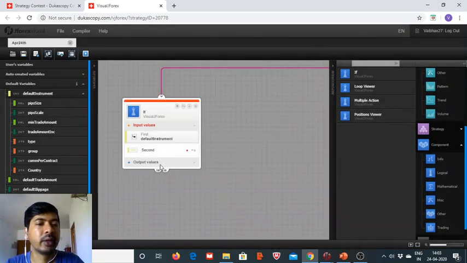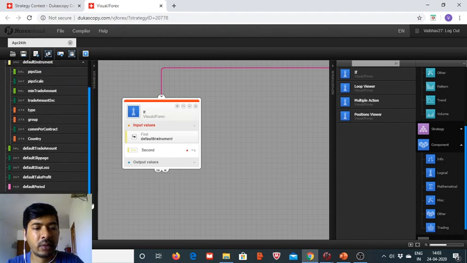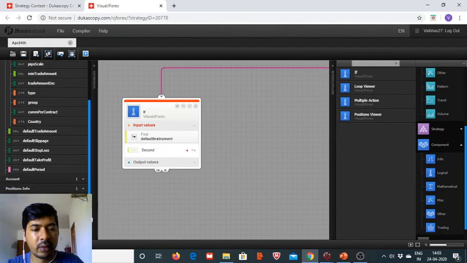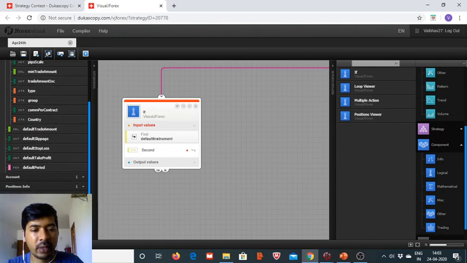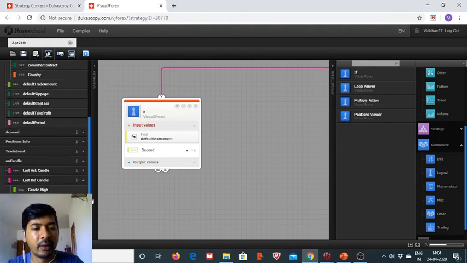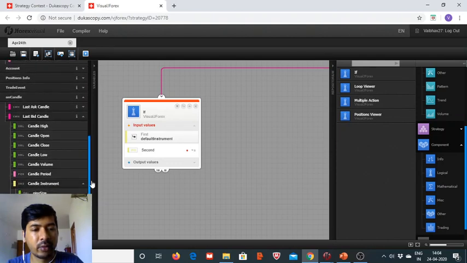We save it and we go straight to the candle instrument. On candle comes the bid candle. Ask, bid, any of you can utilize, not much of an issue. And here is the candle instrument. Okay.